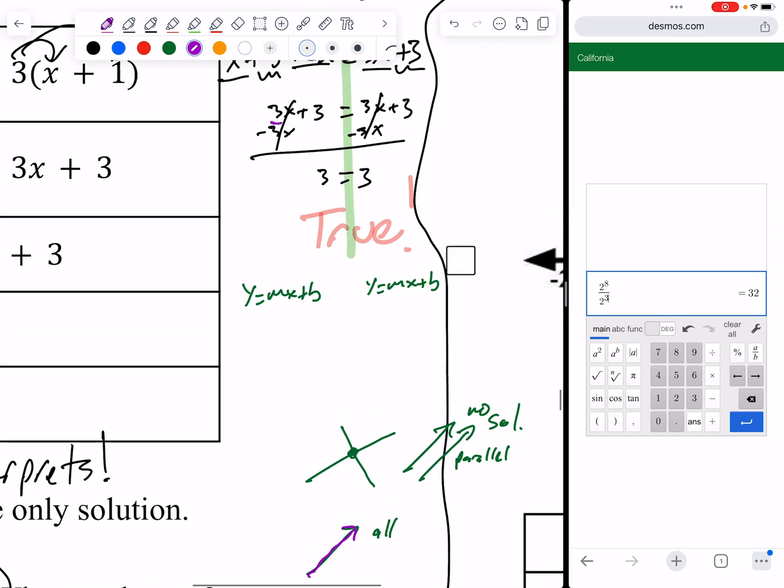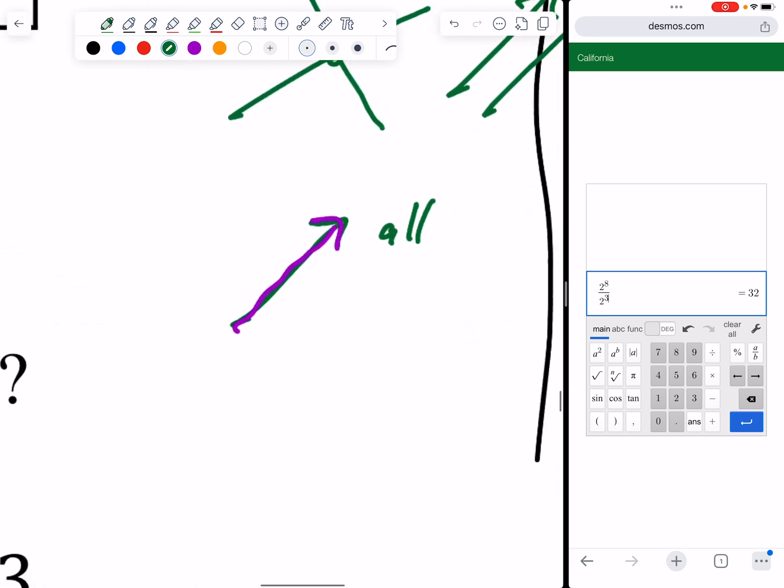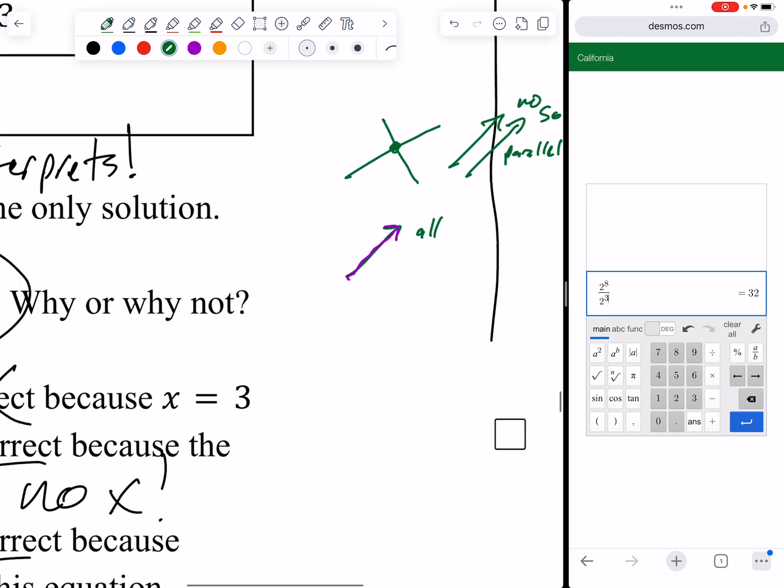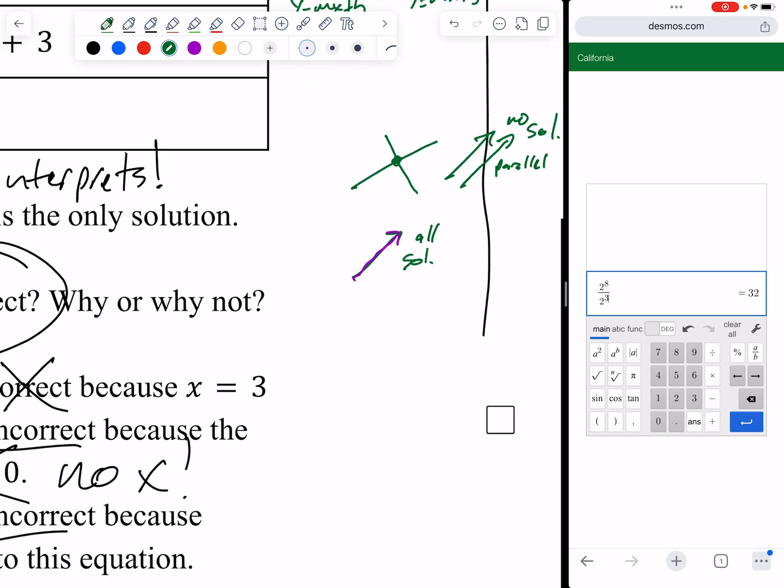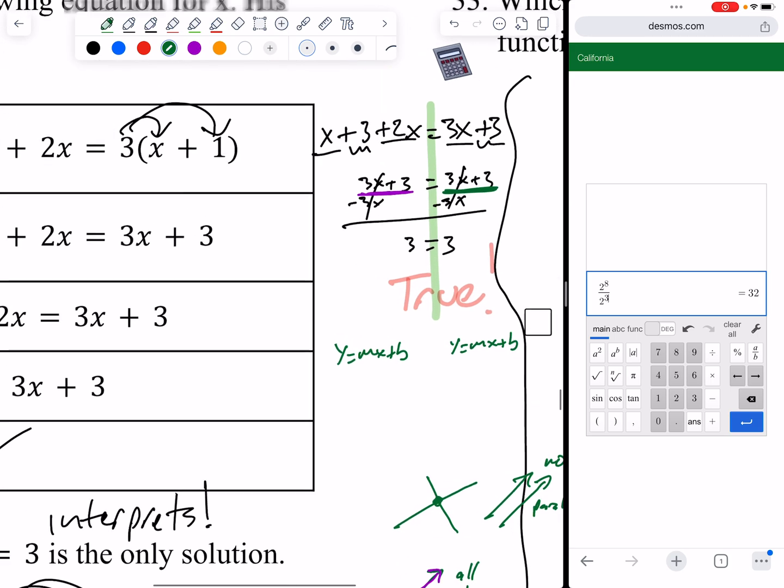So if this is mx plus b, it's 3x plus 3. The other one is 3x plus 3. So they're exactly the same equation. So if they're exactly the same equation, they're always going to be stacked on top of each other, which means it is all solutions. Hint, hint, okay, that's another way. But it only works when you see mx plus b, then you can compare, okay?